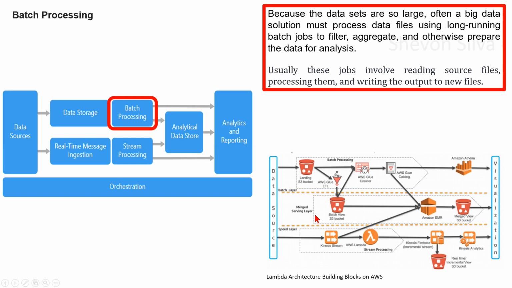Serving layer. In this layer, the merge query is aimed at joining and analyzing the data from both the batch view from the batch layer and the incremental stream view from the speed layer. The suggested architecture on the AWS platform includes Amazon Athena for the batch layer.